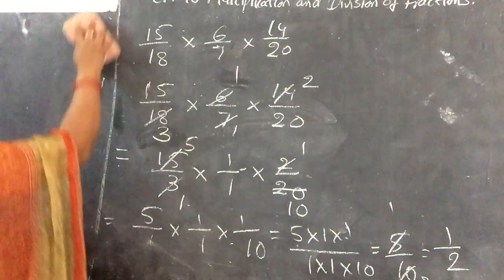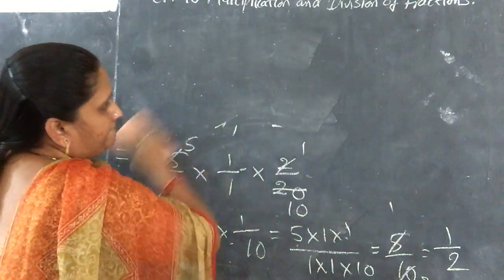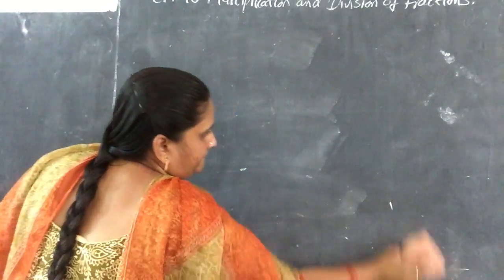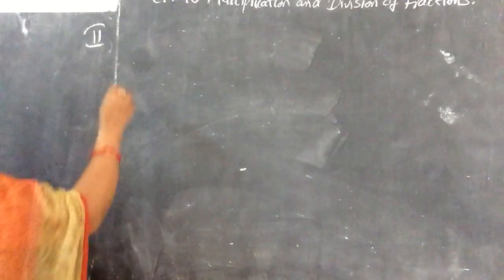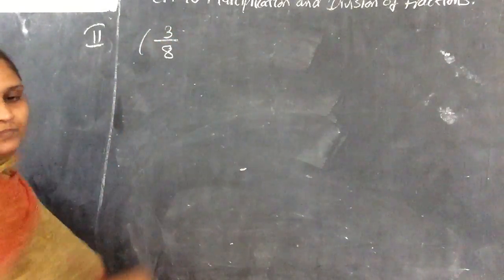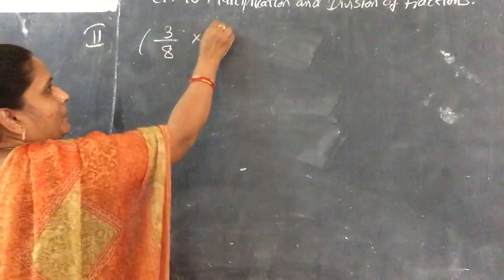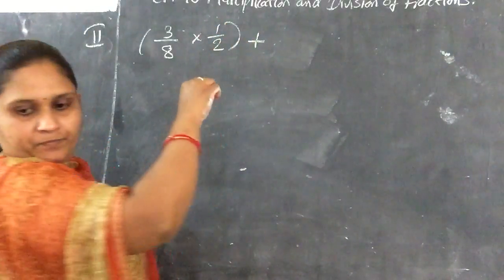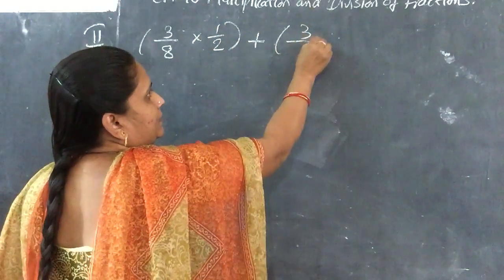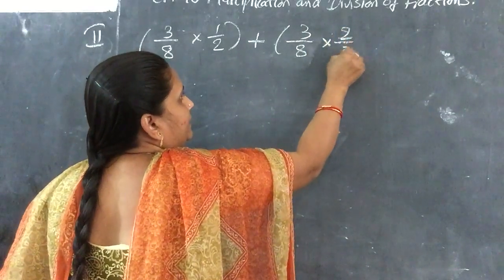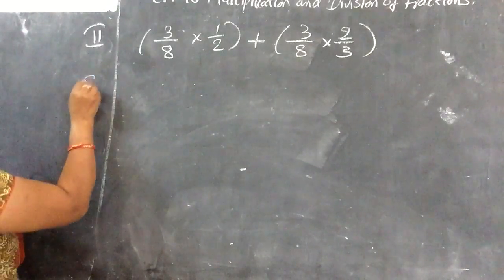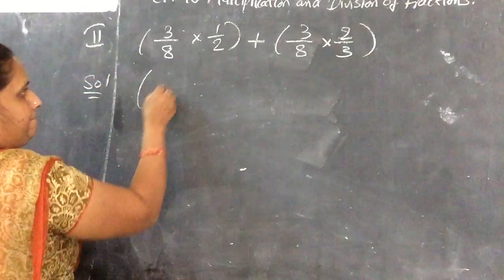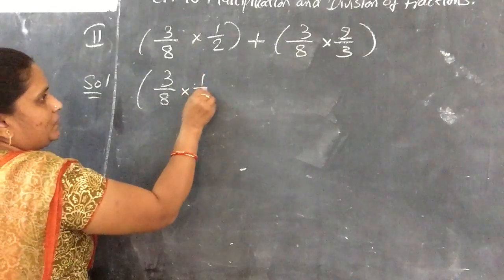Next, section number 2. Simplify the following. First one, 3 by 8 into 1 by 2 plus 3 by 8 into 2 by 3. Okay, now the same. First 3 by 8 into 1 by 2.